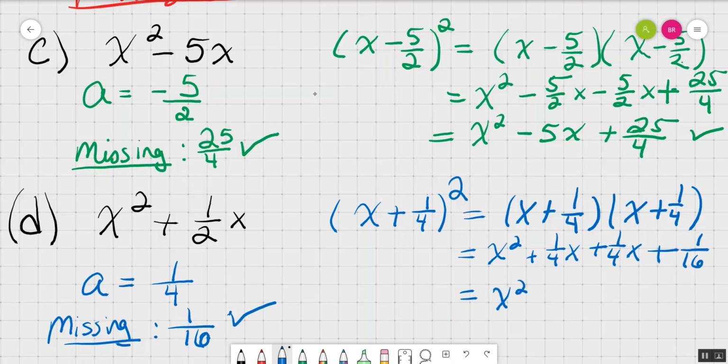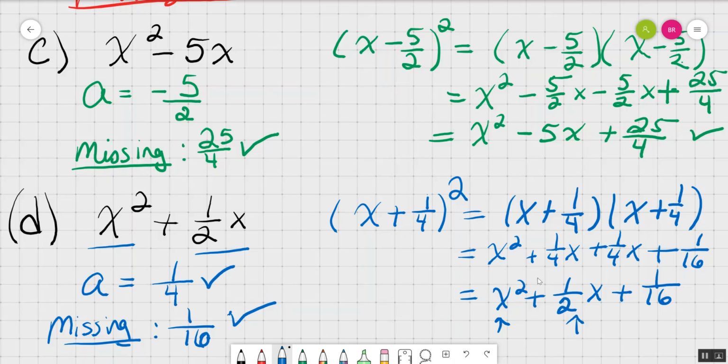So x squared, 1/4 plus 1/4 is 2/4, which is the same as 1/2, plus 1/16. So the 1/2, I'm always checking, do these first two terms match these first two? And when they do, I know this is the right value of a. Cool. So I'm hoping that wasn't too painful, because that's how we complete the square.